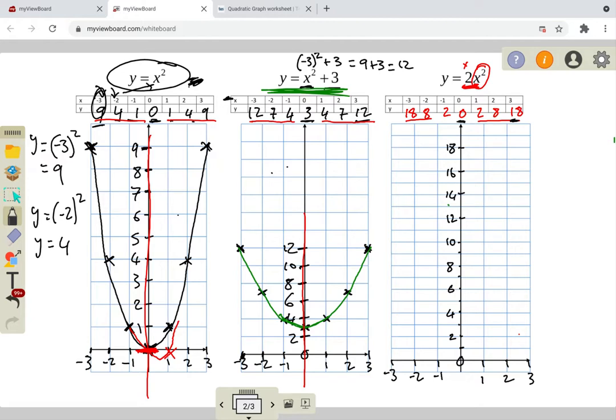Okay, now plot the points. So minus 3, 18, minus 2, 8, minus 1, 2, 0, 0, 1, 2, 2, 8, and then 3, 18. Join the points up with a smooth curve. Okay, and there is your answer.